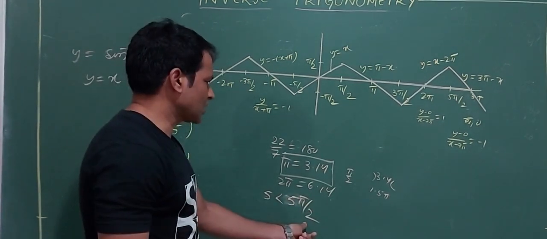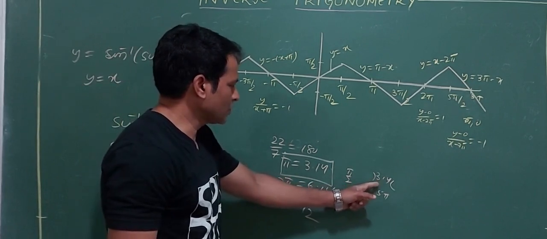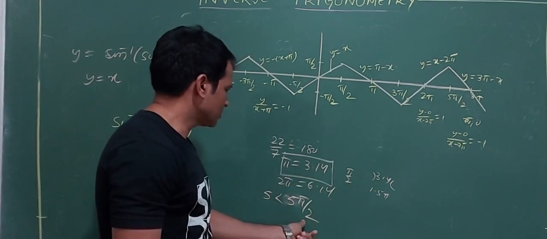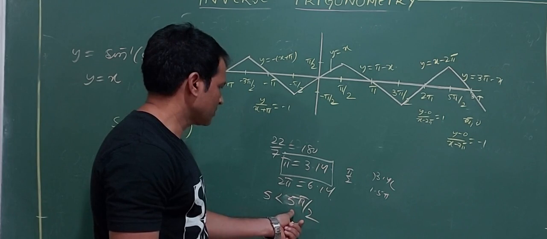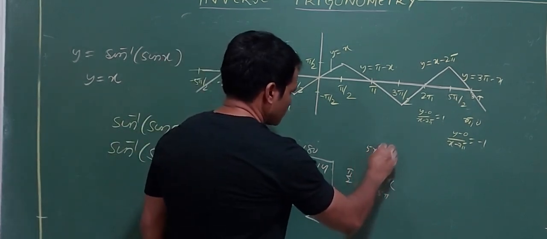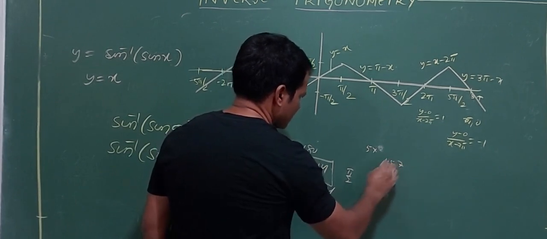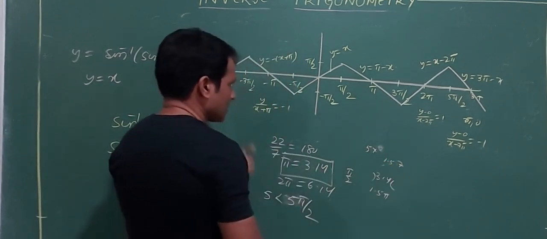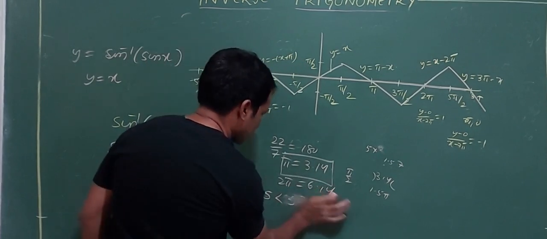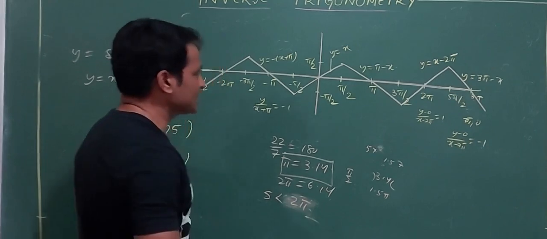Pi by 2 is 1.57, and 3 into 1.57 is 4.71. Right, that means this is less than 2 pi. So where does it lie now?